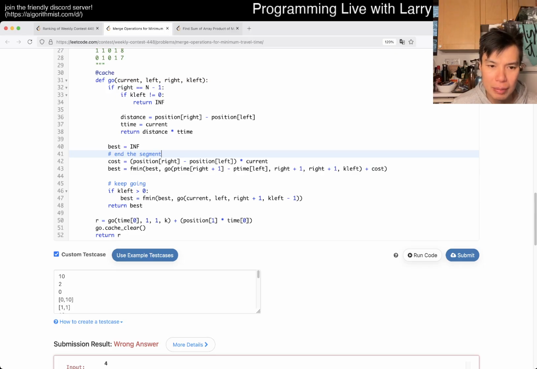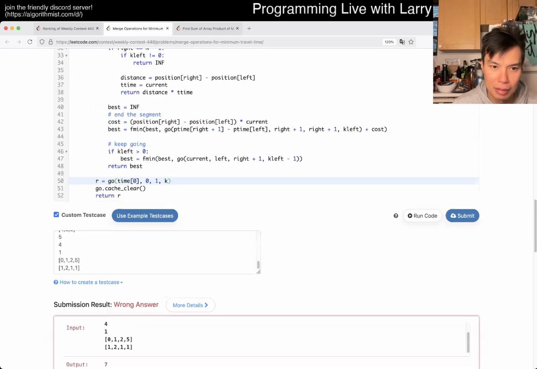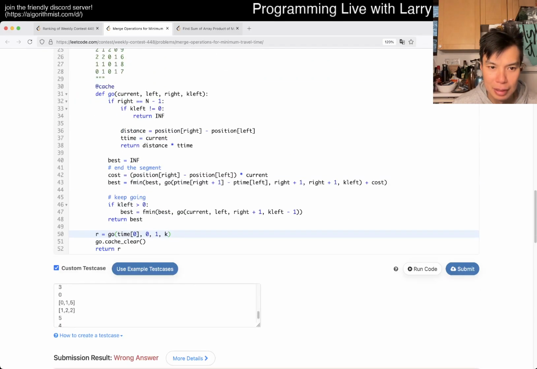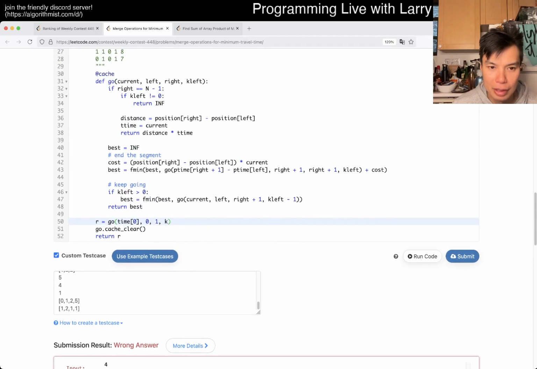Oh, because we end the segment on just 1 1. So maybe there's some left right thing. No, it should be this. Something like this, but I'm off by a little bit here. Well, maybe a lot, I guess. Because you can't end a segment, but then this is the current time.